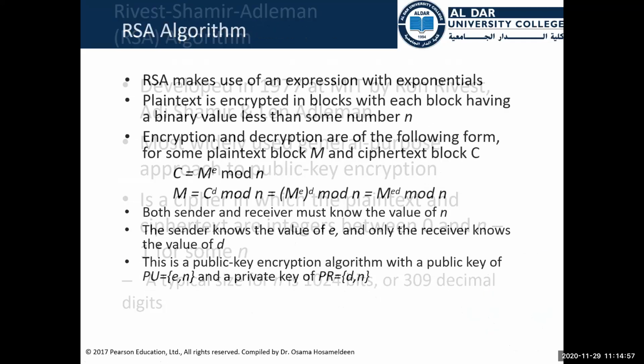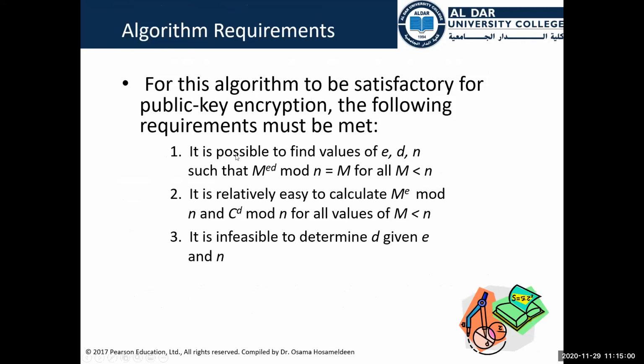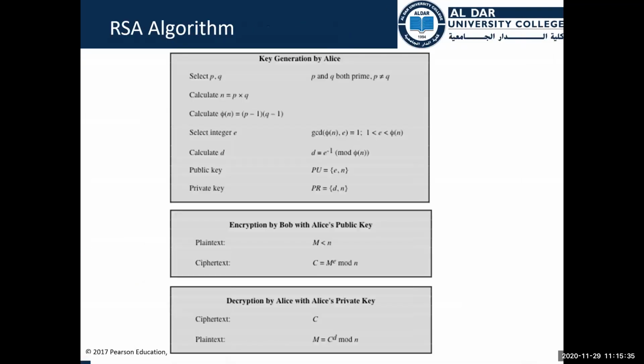For RSA, we can restate them: it is possible to find values of E, D, and N such that M to the power ED mod N equals M. It is relatively easy to calculate M to the power E mod N and C to the power D mod N, and it is infeasible to determine D given E. If you know the public key, you will never be able to guess the private key. These are the same conditions as previously, but applied only for RSA.